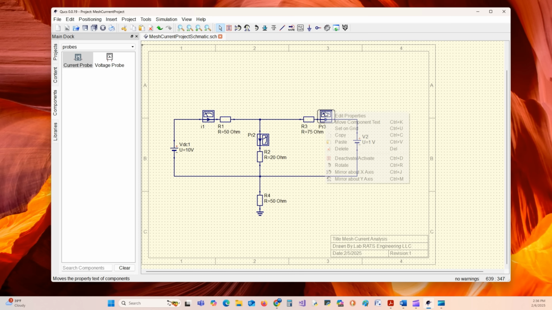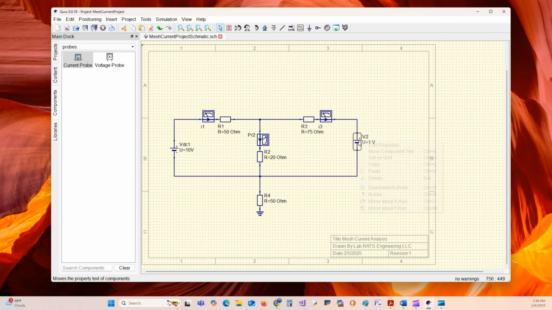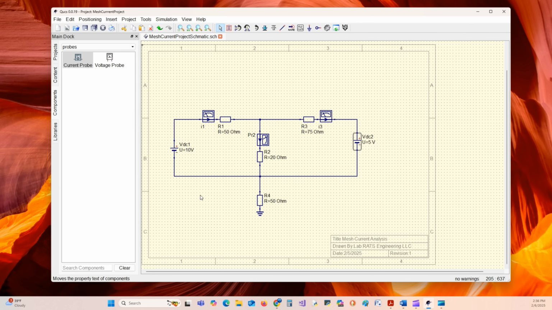This is edit properties. We're going to name that I3. Apply. This is going to become VDC2. And it is 5 volts. Apply. Say OK. So we're set up.